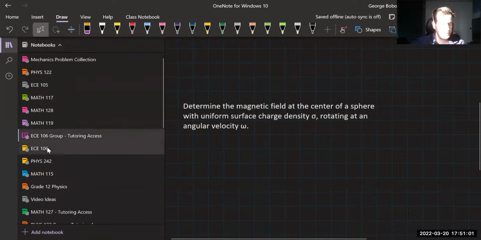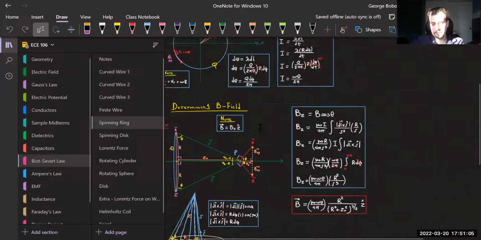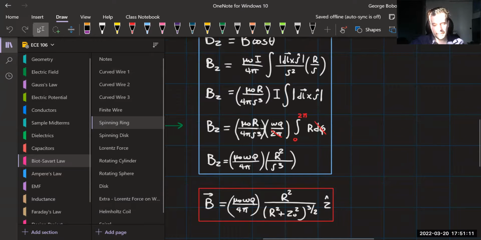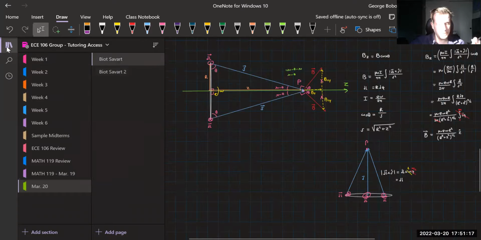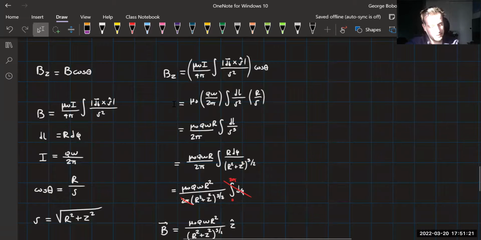I want to make sure, first of all, that I got the result right for the spinning ring before I even jump in there. We don't want to get that wrong. Okay. I forgot the 4 pi here. Hold on. See, that's what I mean. We got to be a little bit careful because there was a 4 pi here that got pulled outside and it was just chilling there.